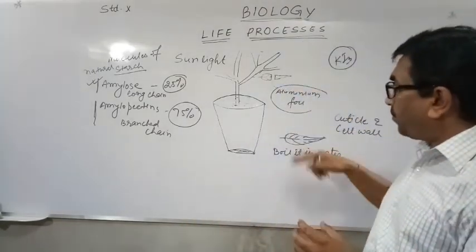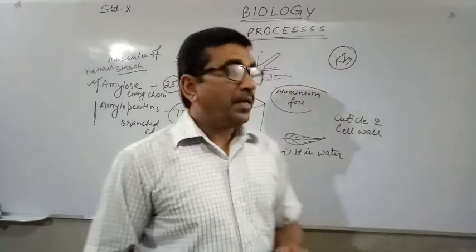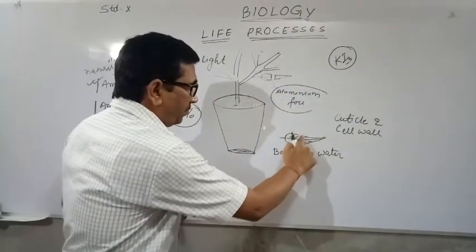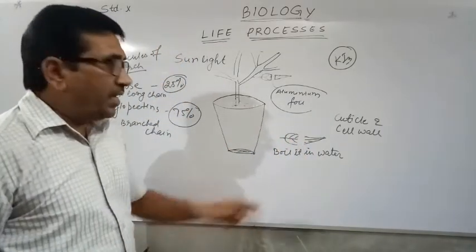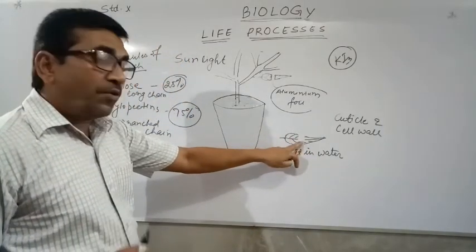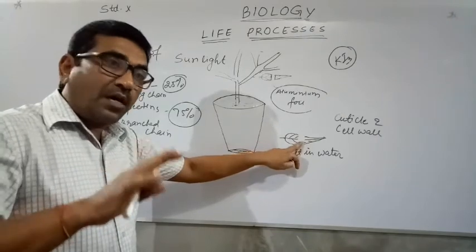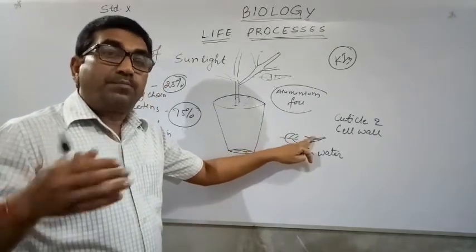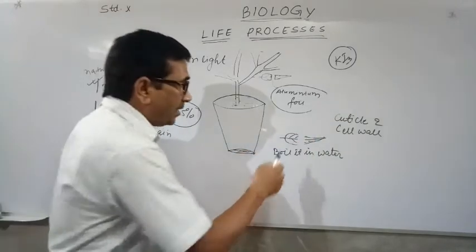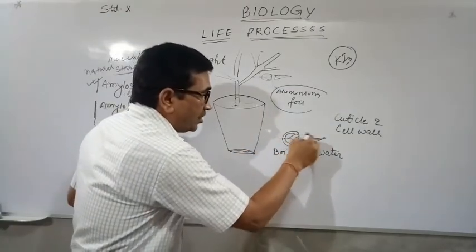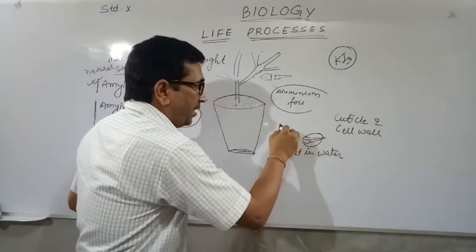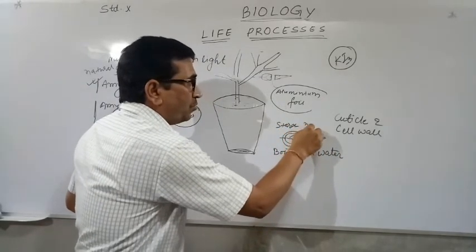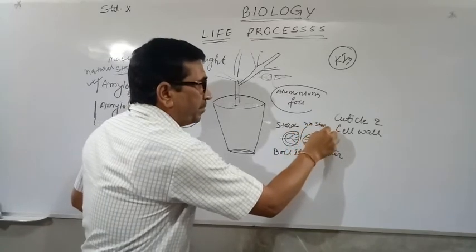When we put it, we find that the parts which were covered over here have remained the same color, colorless, but these parts had turned dark blue. This shows that these parts have starch present in them. It has the starch, and here there is no starch.